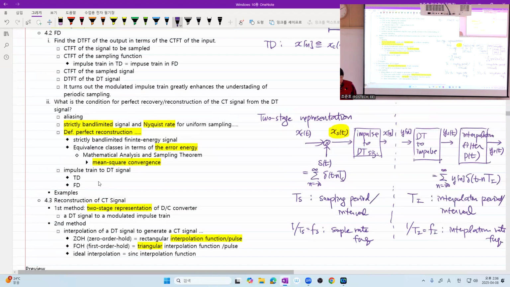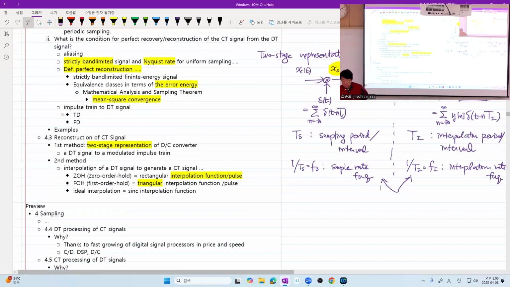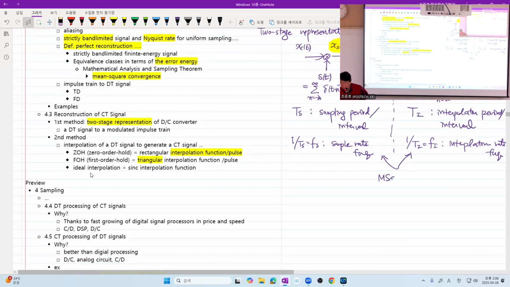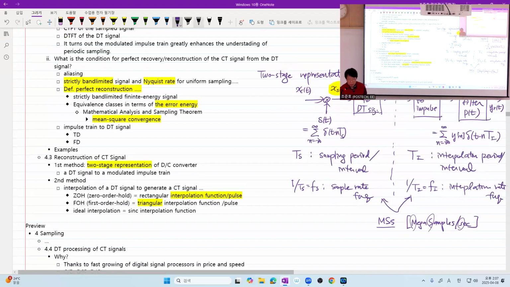And in practice, both of them are often these days given in units of something like this. Mega samples per sec. So MS capitalized and lowercase s, MSs. Sometimes this interpolation rate is called conversion rate.